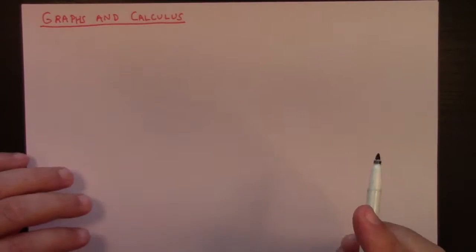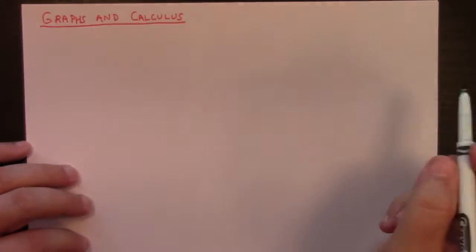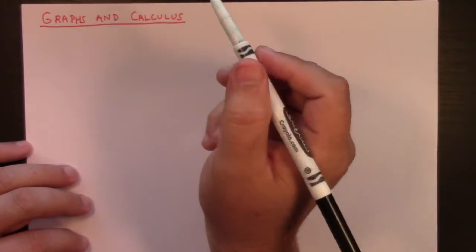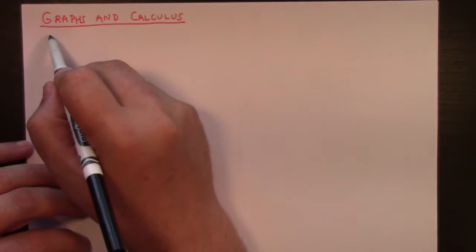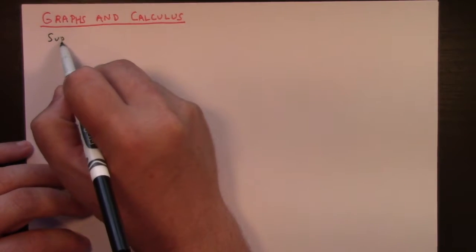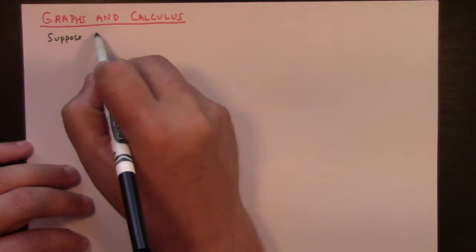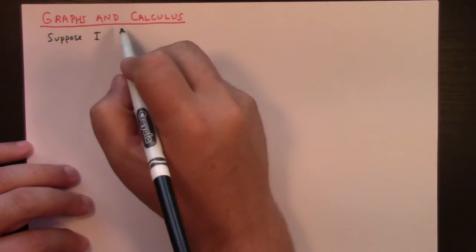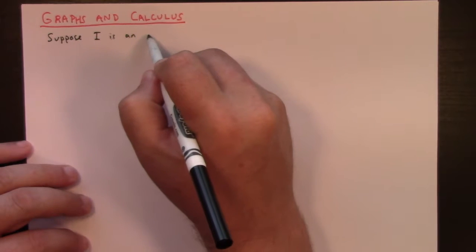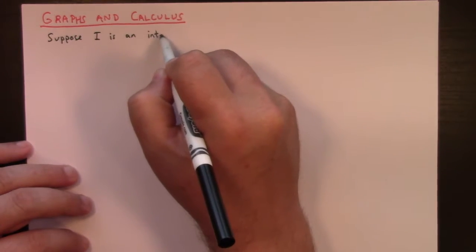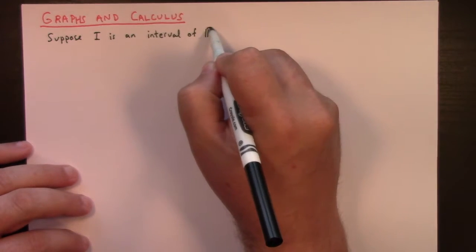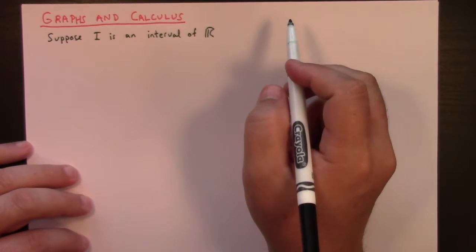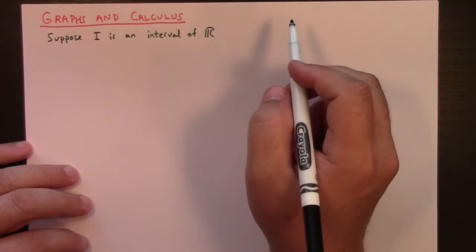Alright, so I just want to go through some basic facts about graphs and calculus to keep this discussion reasonable. Let's suppose that I is an interval of R, so really a connected subset of real numbers, all right?